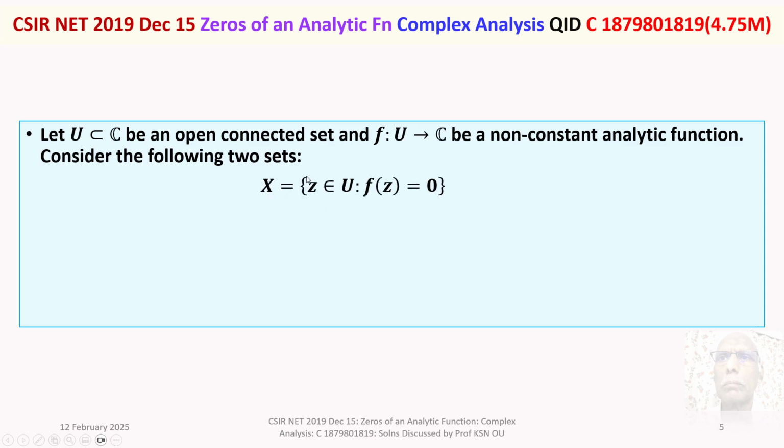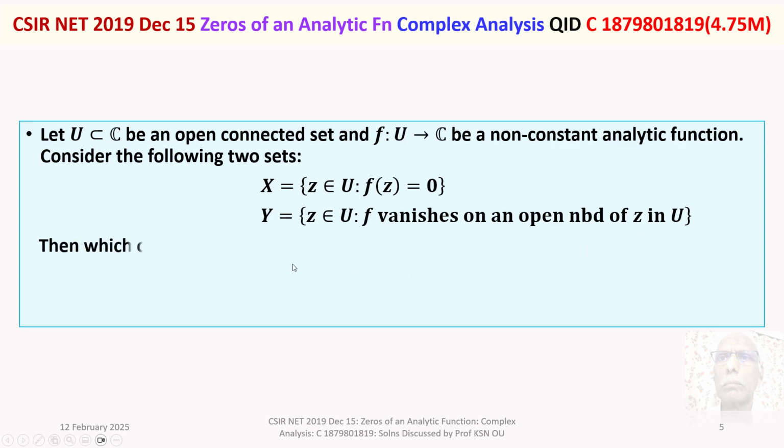Capital X is equal to the set of all Z belongs to U such that F of Z is equal to 0. Capital Y is equal to the set of all Z belongs to U such that F vanishes on an open neighborhood of Z in U. Then, which of the following statements are true?